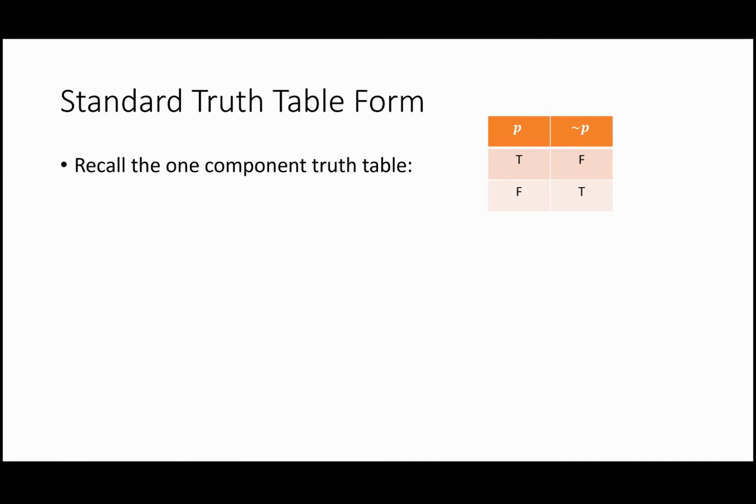Now, please recall that I mentioned that since there was only one component, there would be 2 rows, one for the truth value for the component P, and then another row for the false possibility, right? There's only 2 possible truth values associated with one component, okay?